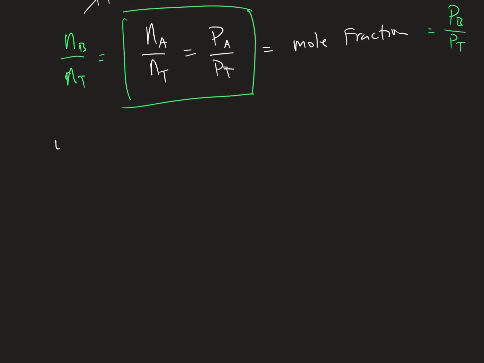So let's do an example. Okay, let's say in this room, and these are not exact numbers for this room, but let's just say in this room, it's airtight. We're in a not a vacuum, but airtight room. We can't lose any air. We can't get any more.